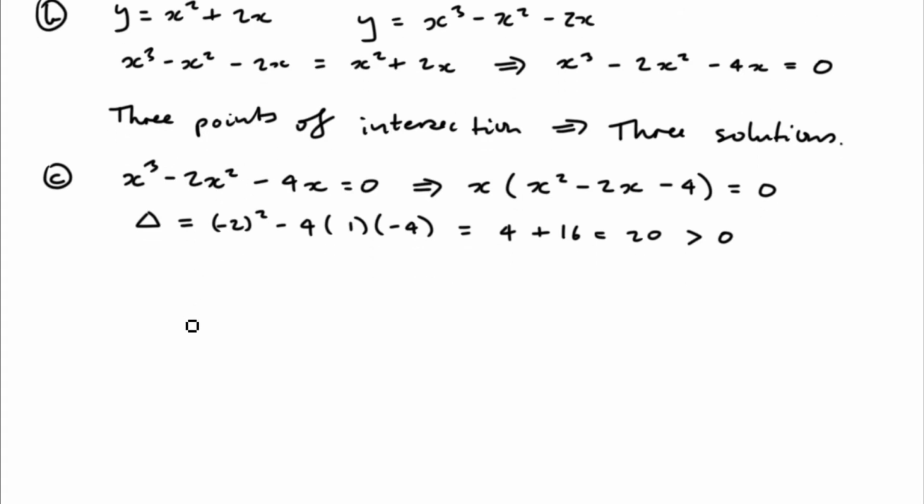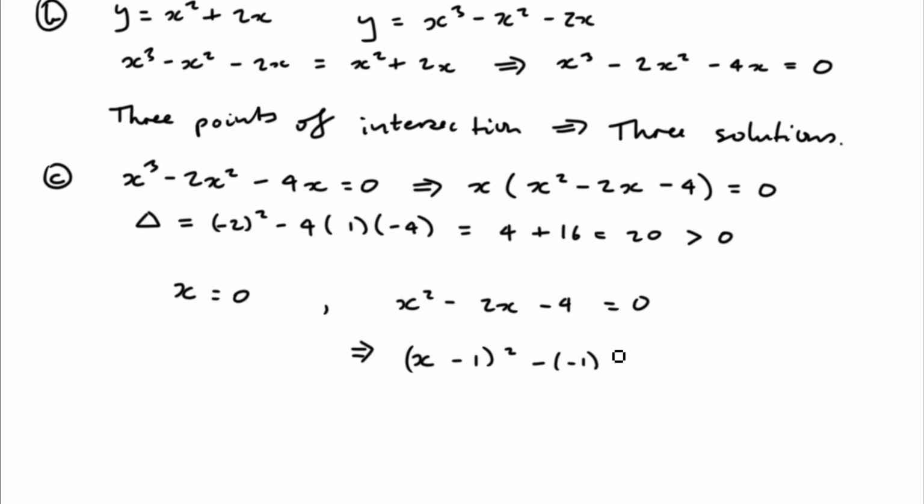Because x into x squared minus 2x subtract 4 is 0, we know that either x is 0 or x squared subtract 2x subtract 4 is 0. So how are we going to solve this? I think I'll complete the square on this occasion. You could use the formula, various ways we can do this, but completing the square we have x subtract 1 squared subtract negative 1 squared subtract 4 is 0. So that means that x subtract 1 squared subtract 5 is 0.